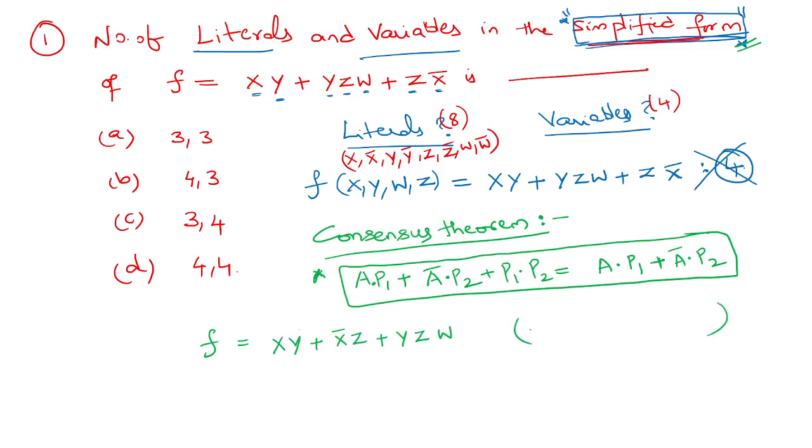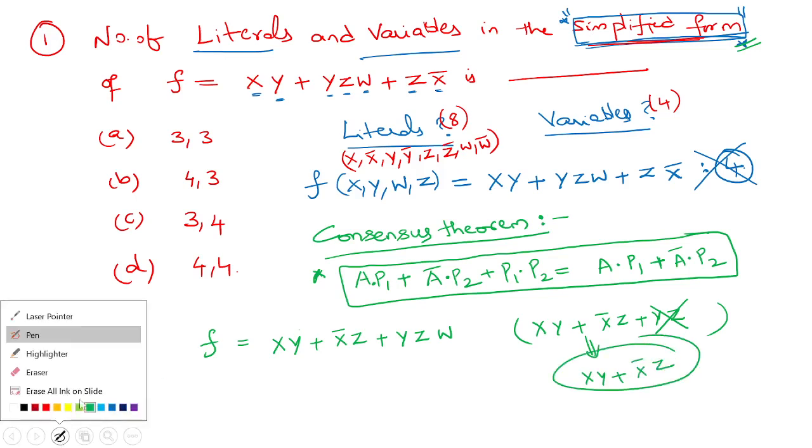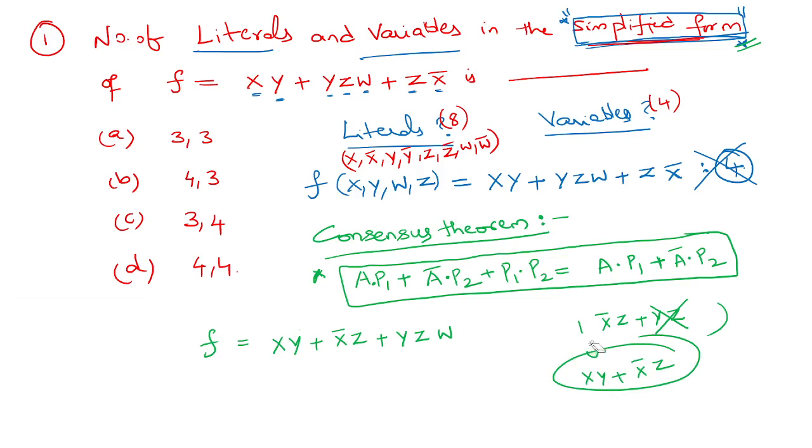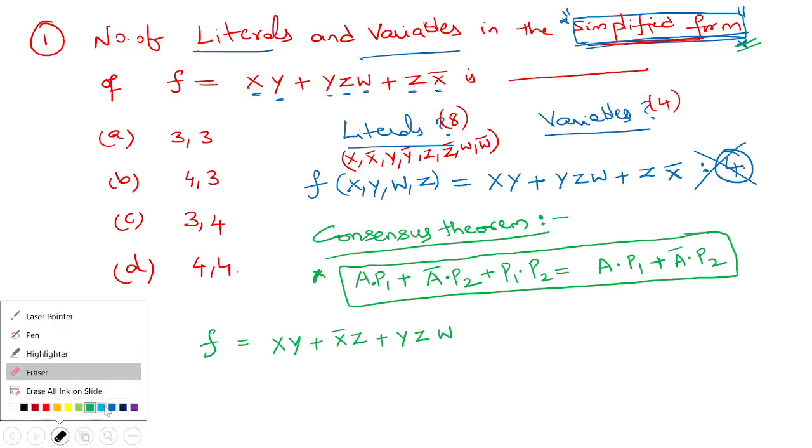If it were just xy plus x bar z plus yz, then right away I would have eliminated the redundant term and written the final answer as the simplified form. This is not the case. A little bit of a trick is there. Just focus on it. So what we can do is this.